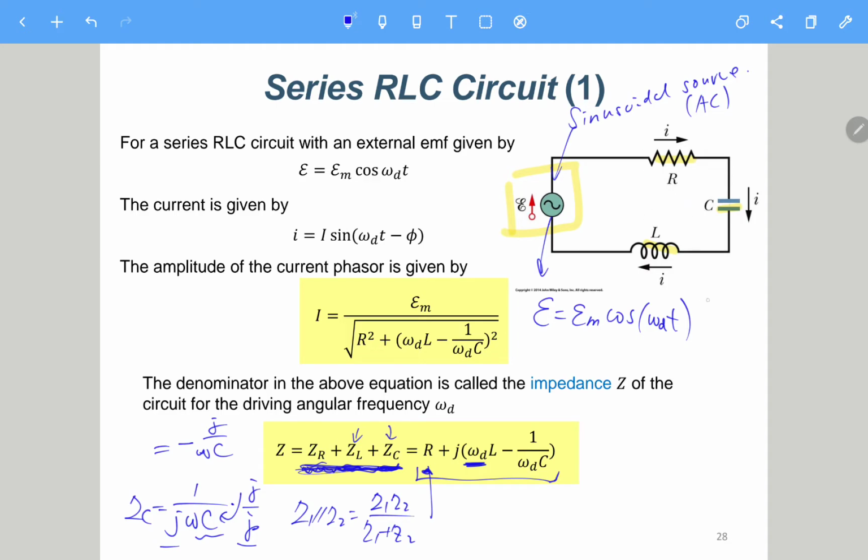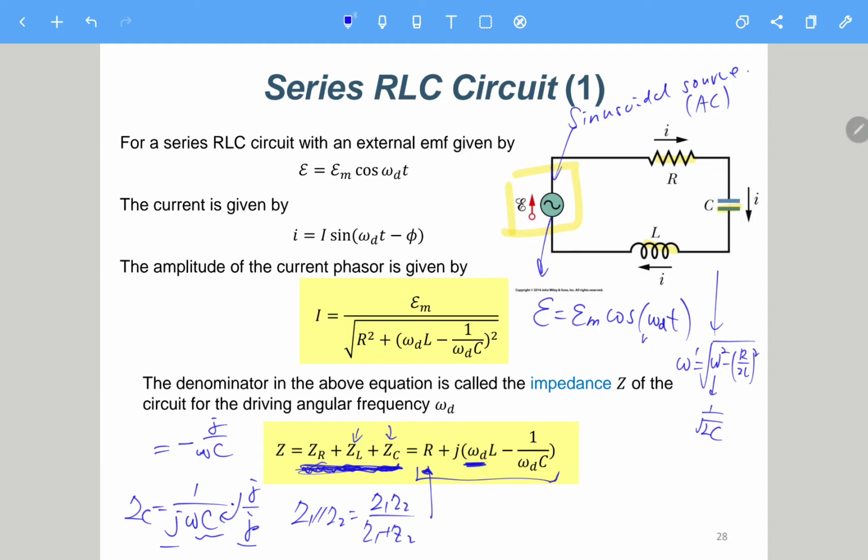The natural frequency is still omega prime equals square root of omega squared minus (R over 2L) squared, where omega is 1 over square root of LC.